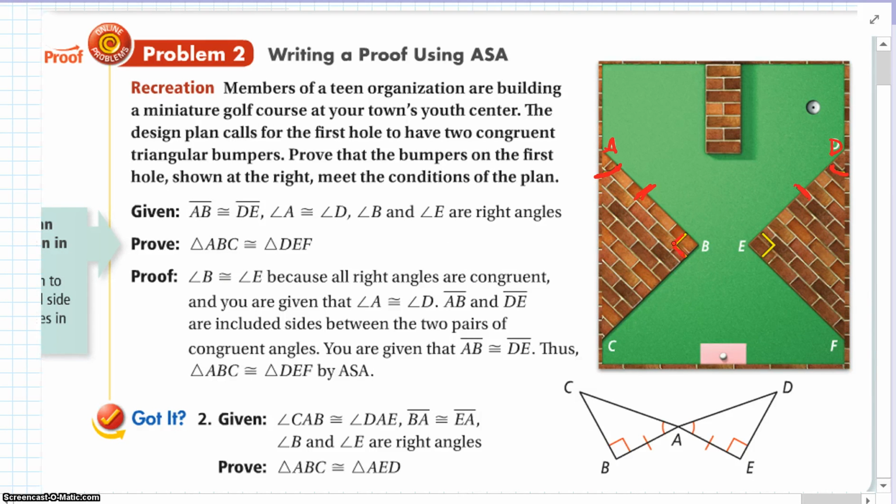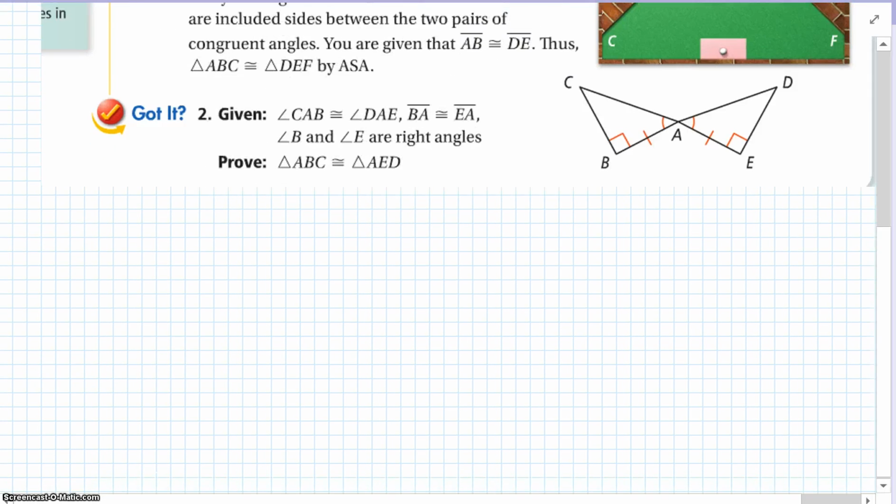B and E are both right angles. Let's do it in black, I guess. So for this triangle, I have an angle, a side, and an angle. I have an angle, a side, and an angle. So I can prove angle A is congruent, I can prove AB is congruent, and angle B's are congruent. So I have triangle congruency by angle, side, angle. Okay?